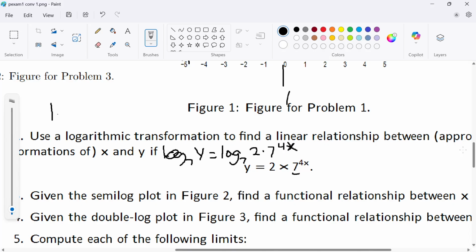Now remember, log AB, if I'm multiplying two things together in the log, that's log A plus log B. So I can split that up.